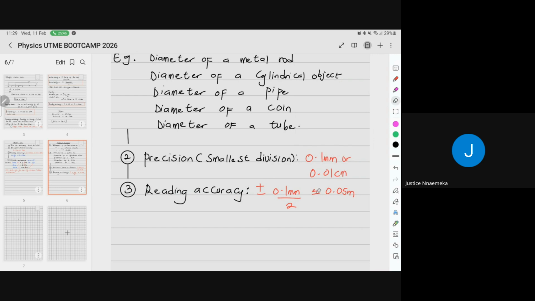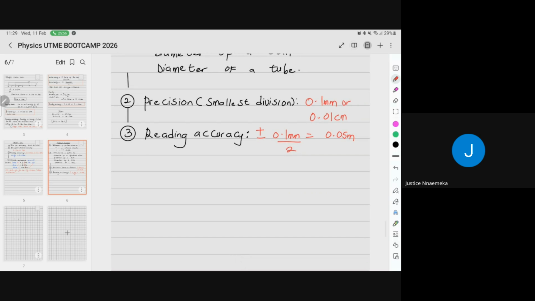That plus or minus is very important, right? So which means that the reading accuracy is simply what? Or let me write in blue so that we make emphasis with red. If you are confused on how Justice got that particular value, raise up your hand.